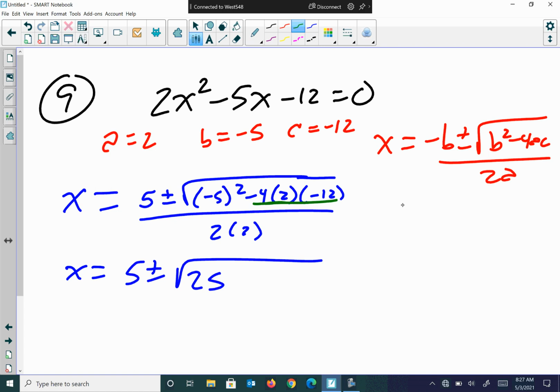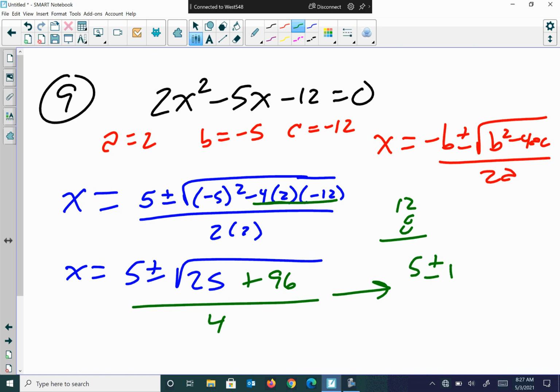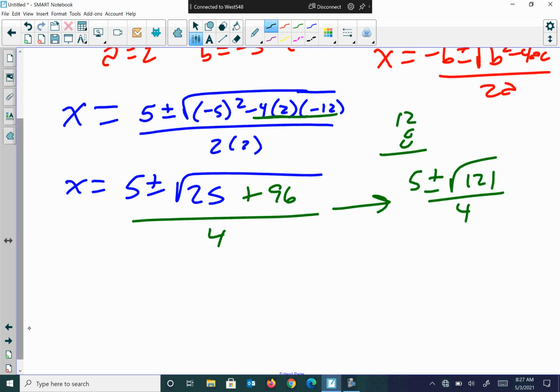Negative 8 times 12, that would be positive. So 8 times 12, was that 96? Is that right? Okay, if we add those together, that's going to give me 5 plus or minus root 121 over 4. What's the square root of 121? 11. Yeah, it's a perfect square. Oops, there's no longer a square root there.